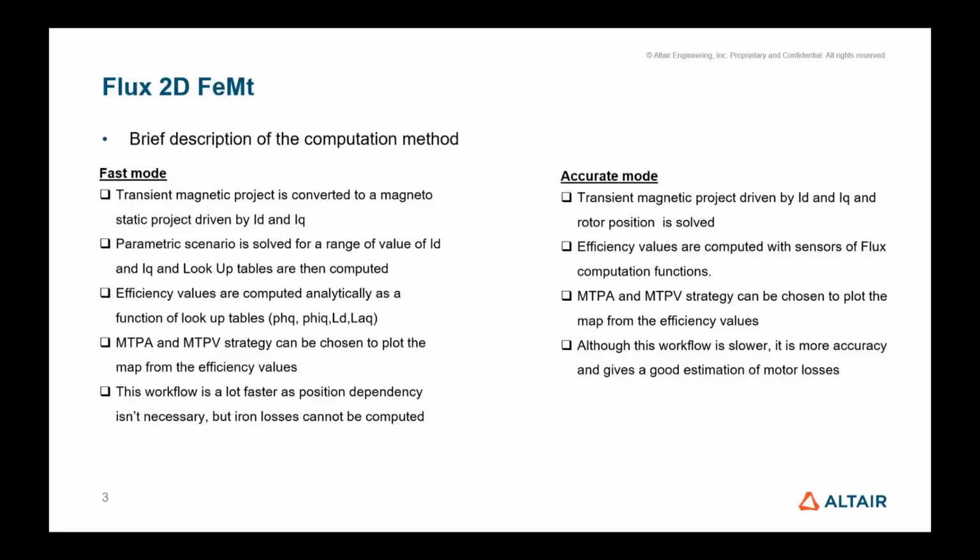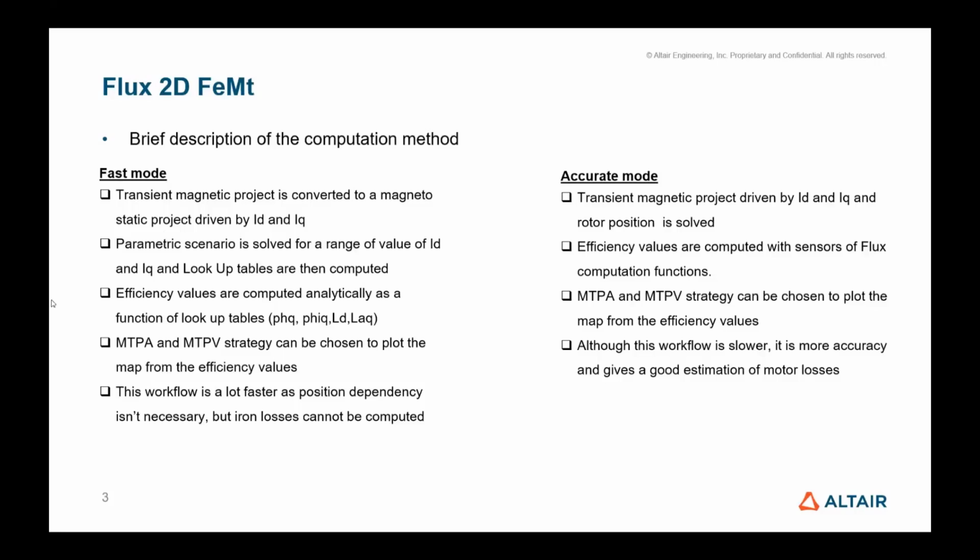And from this, we can create a lookup table. We will use this lookup table to compute the flux in DQ axis and the inductance in D and Q axis according to the Park model.